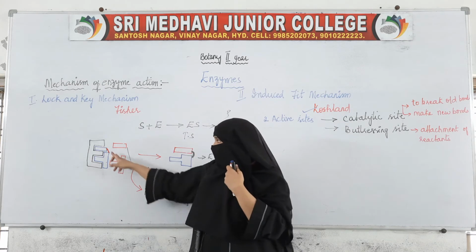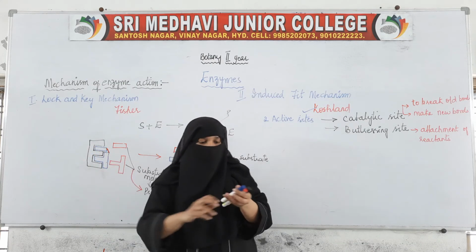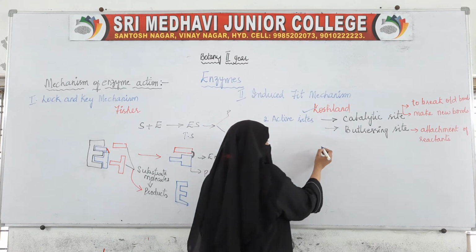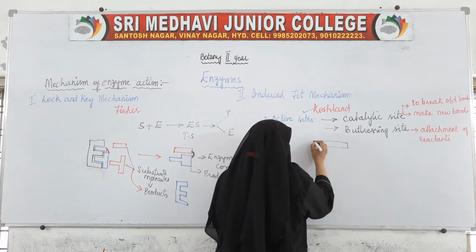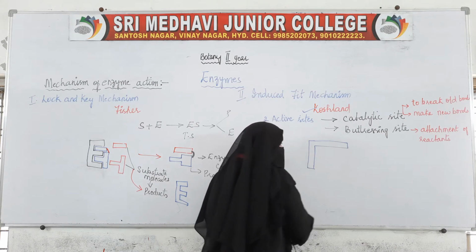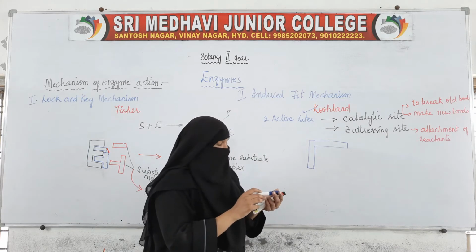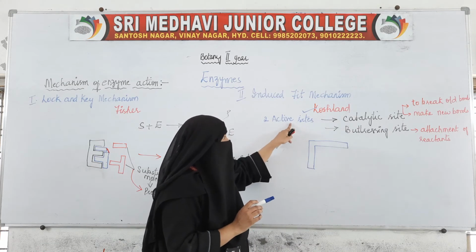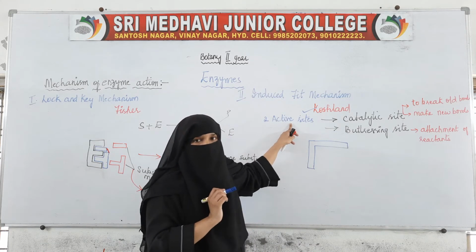Here we have given this type of structure to the enzyme. Now let us give some different structure. Okay, so this is the structure of the enzyme. According to this mechanism, each enzyme will have two active sites.